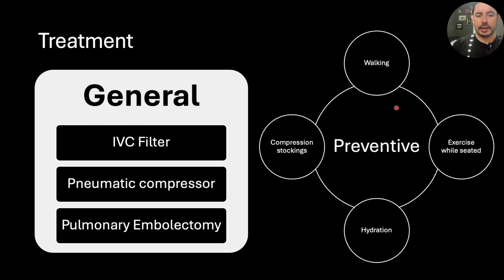When we look at the exercise while seated, we want to encourage them to flex and extend. Flexion is to pull in, extend is to push out. We want to flex and extend and even rotate the ankles so that we can keep mobility and keep movement in those extremities. We want to press the feet.